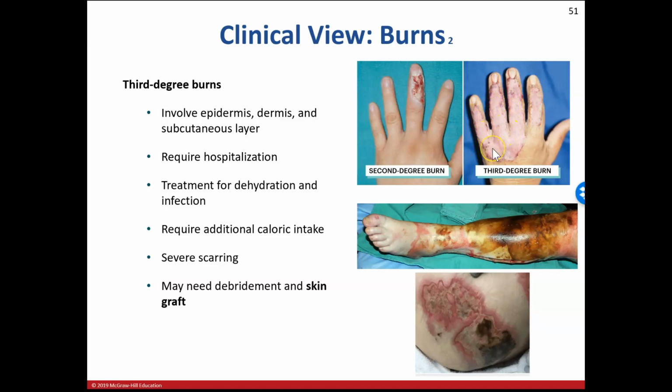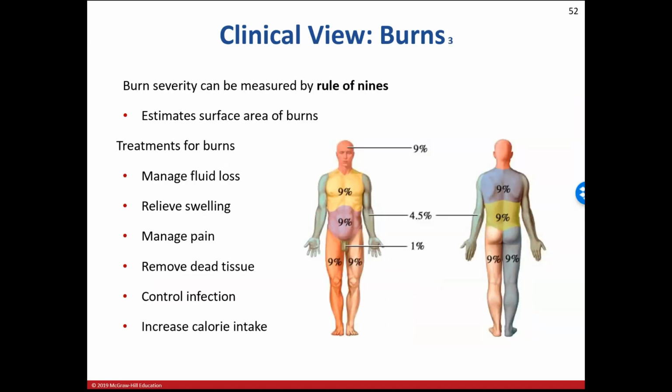We've gone through the epidermis, dermis, and subcutaneous layer. Treatment is for dehydration and any infections that are taking place, and it might require additional caloric intake. We also will have severe scarring, so it might need a debridement, which means we are going to clear off the skin, and a skin graft.